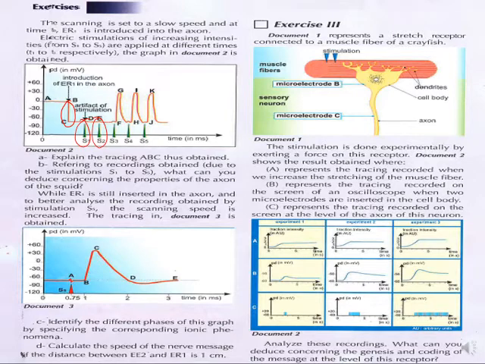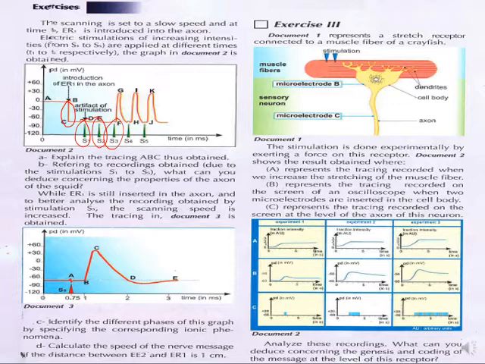This indicates that these two stimulations are ineffective. They are below the threshold of excitation. While after the stimulation of intensity S3, the action potential is recorded for the first time. This means that S3 is called the threshold of excitation.